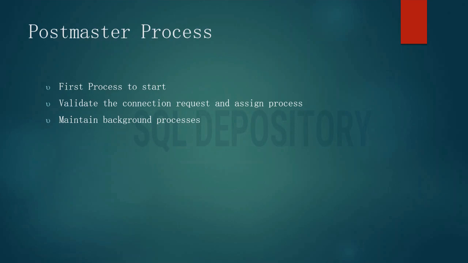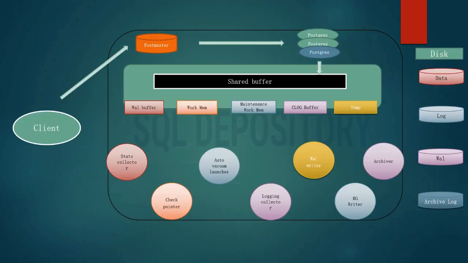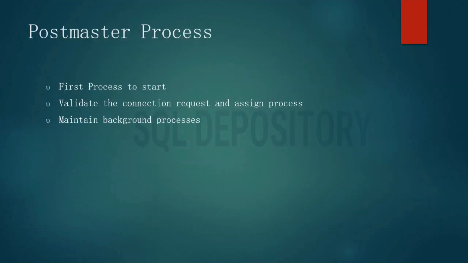It is the master of all the other background processes, which means it actually owns all the other background processes that you have seen here: the stats collector, check pointer, auto vacuum, logging collector, Wal Writer, BG writer, or archiver. So if you stop these processes, the Postmaster process will go ahead and start those processes again.